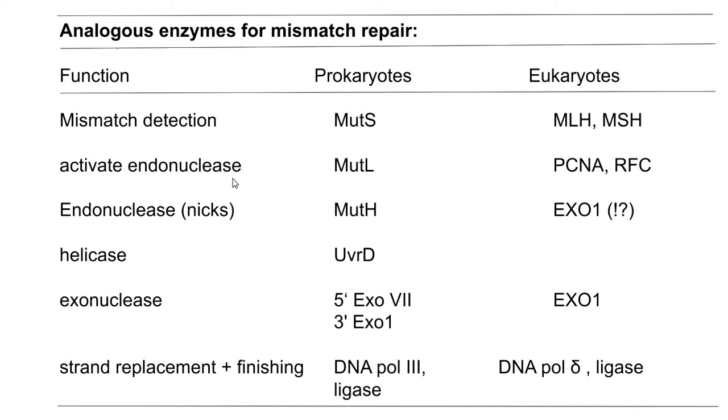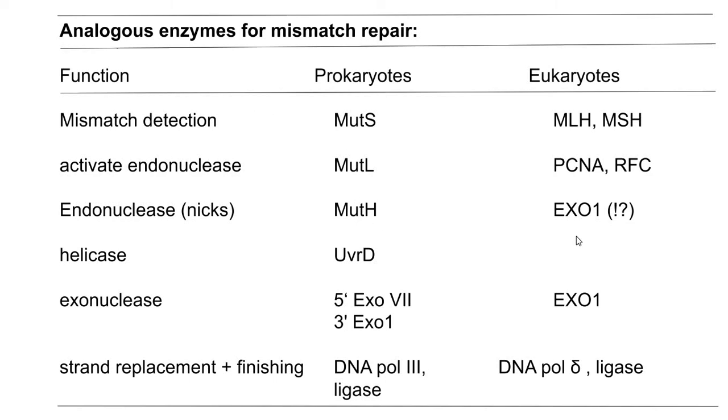The proteins that activate the endonuclease: MutL in prokaryotes. In E. coli, MutL brings MutH to the site where MutS is bound to the DNA that is incorrectly paired. In eukaryotes, this MutL equivalent is PCNA and RFC. The endonuclease that makes the single-stranded cut on the daughter strand is called MutH in prokaryotes.